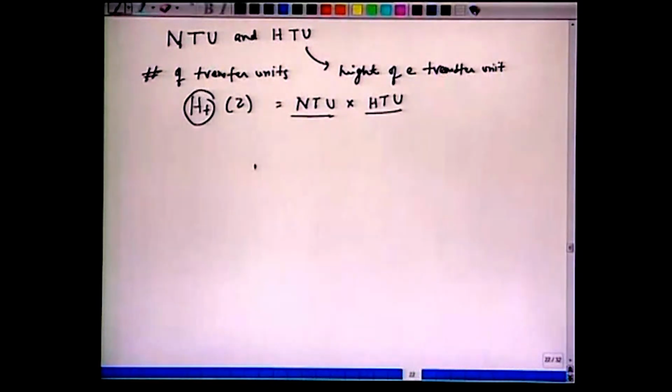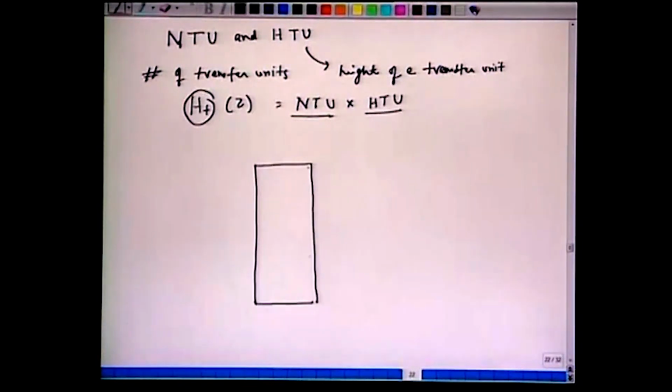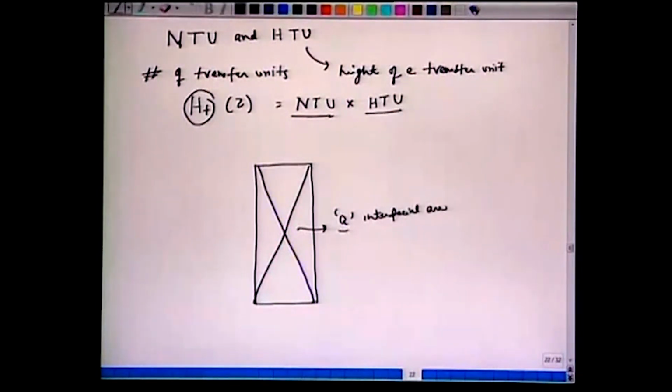Let us draw the schematic again. So we have the schematic of this absorption column. It is packed with certain packing. That is the first thing. So we know the interfacial area of contact.